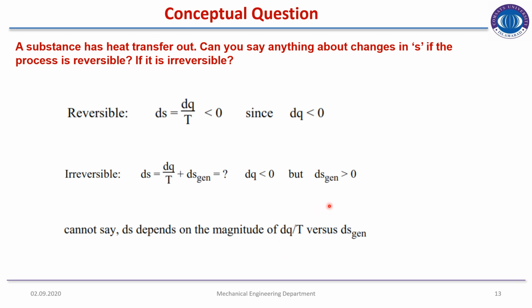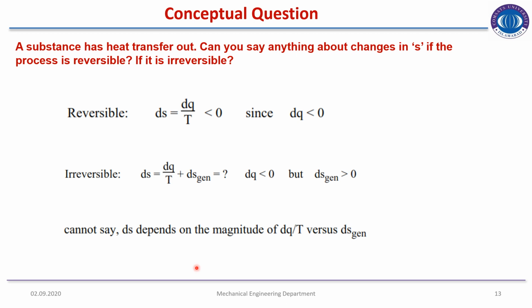Let's suppose if the heat is added to the system, then entropy will increase, and if the heat is rejected out of the system, then entropy will decrease. So the term dQ by T represents the entropy transfer, whereas the term dS gen represents the entropy generated due to the irreversibility in the process.